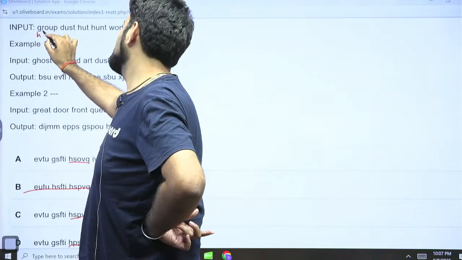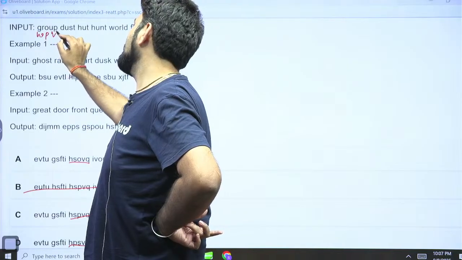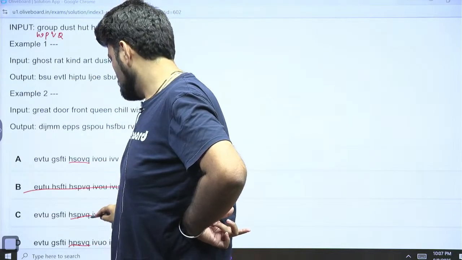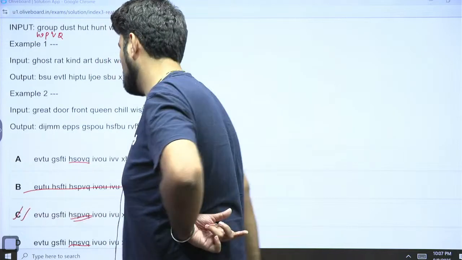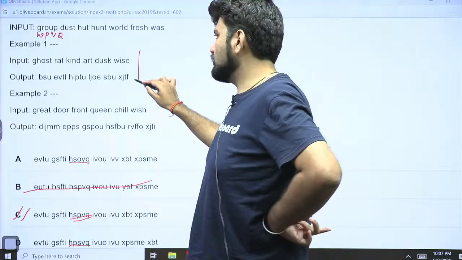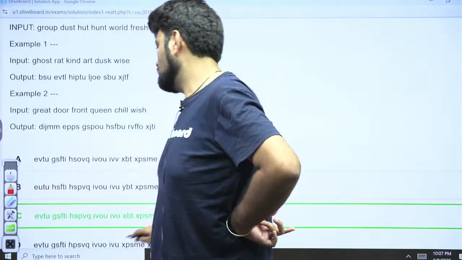So H, S, 15, 16, P, 21, 22, V and 16, 17, Q. HSPVQ. HSPVQ is in option C. So option C becomes my correct answer. This is example 1 input output, example 2 input output. So a two-step process is happening. Option C is the right answer.